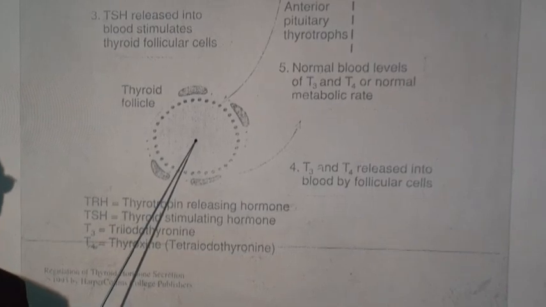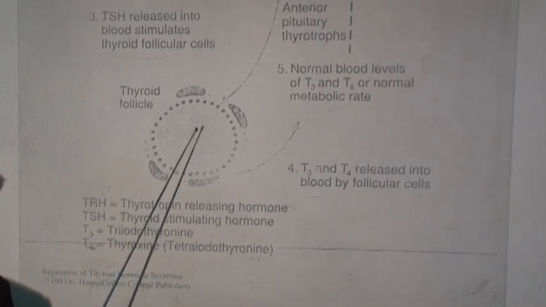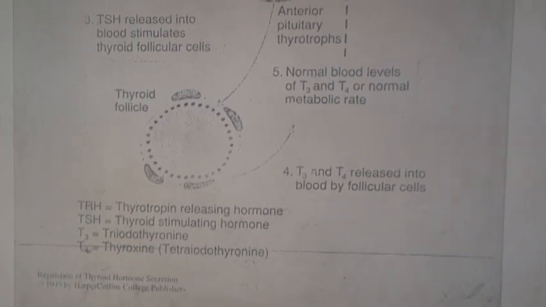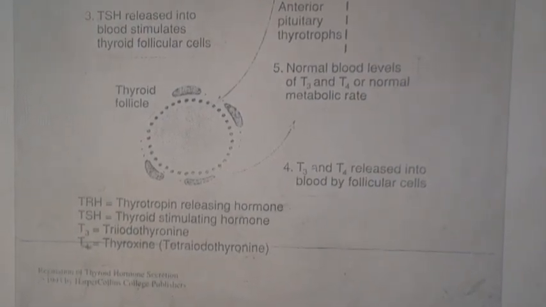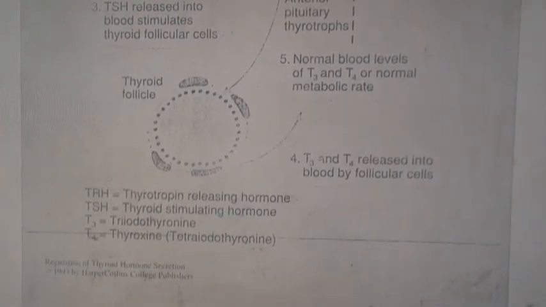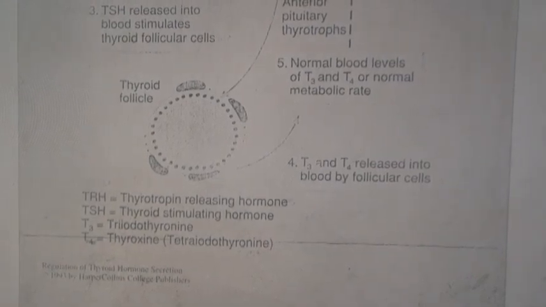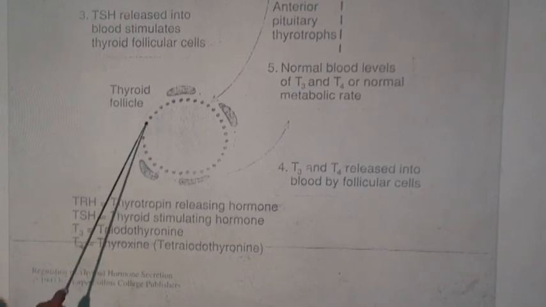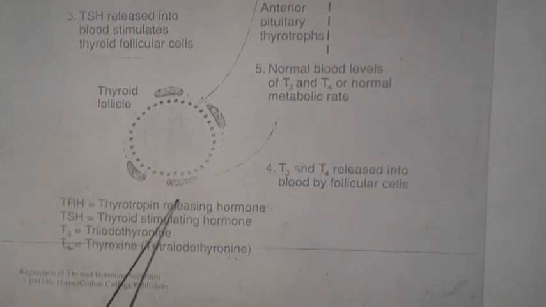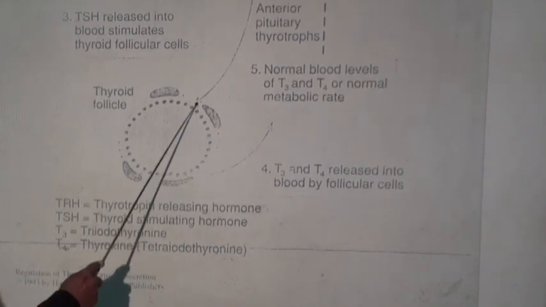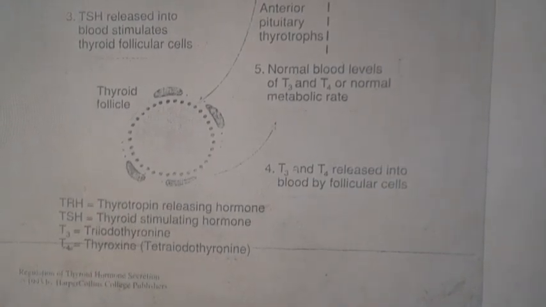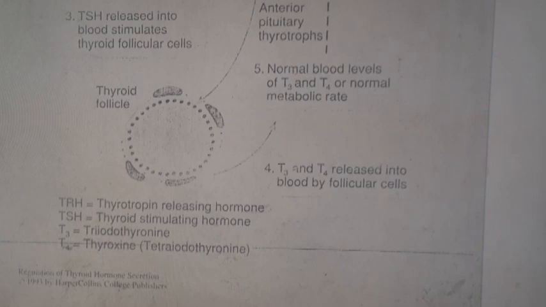Inside the follicle is fluid, colloid, containing hormones, enzymes, proteins, etc. In the thyroid gland, there are two types of cells: follicular cells, or epithelial cells, or thyroid epithelial cells. These cells produce thyroid hormones.